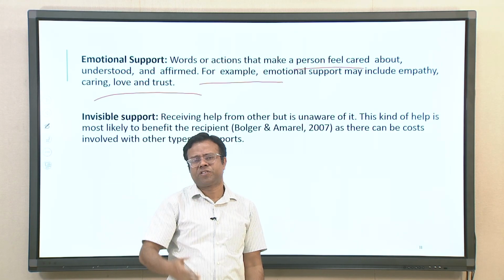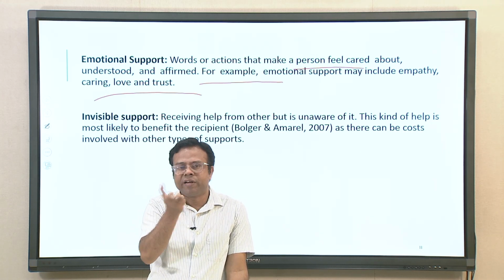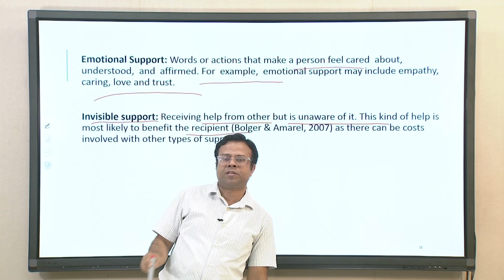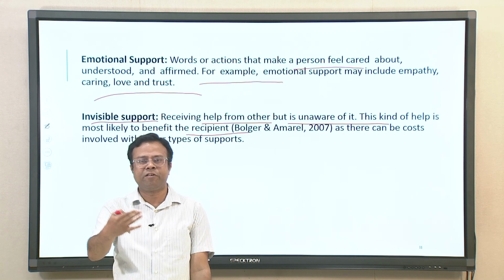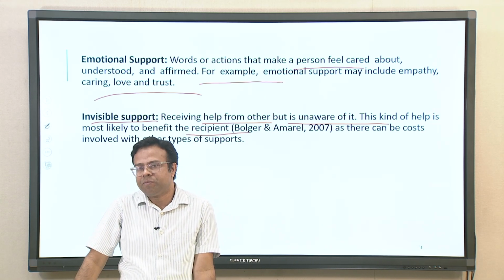There is another form of support, which may include other forms of support, but it is called invisible support. What happens here is that somebody receives help from others but is unaware of it. This kind of help is most likely to benefit the recipient. You receive help from someone, but you do not know who has given you that help, like someone helping you anonymously. That is called invisible support.